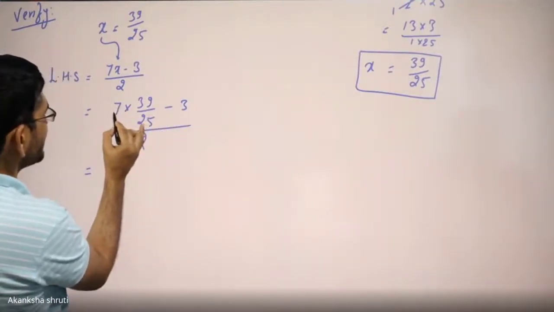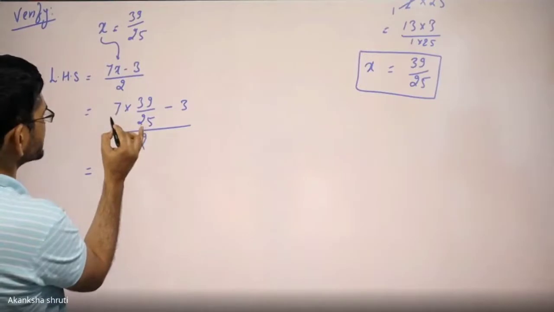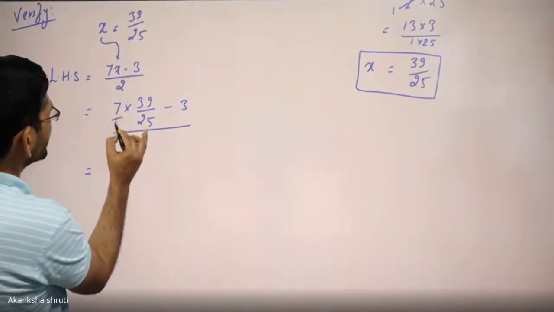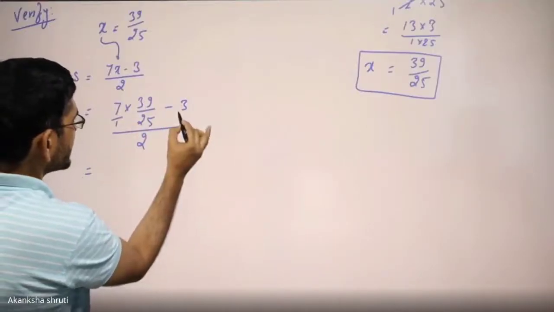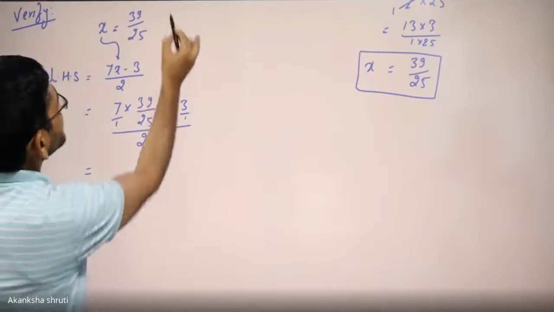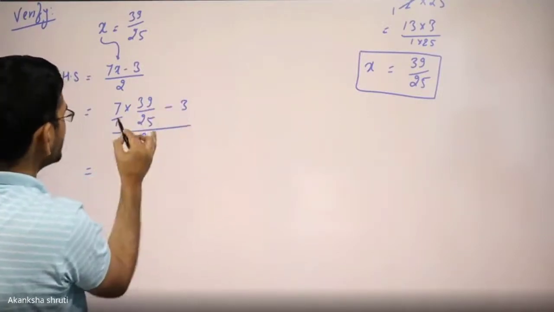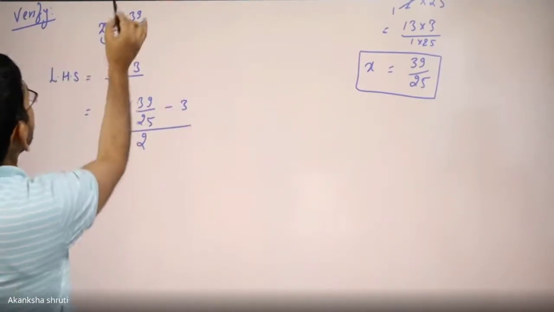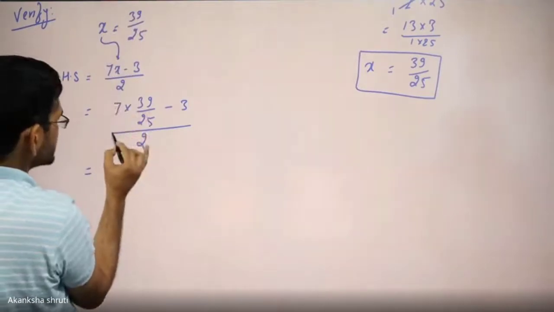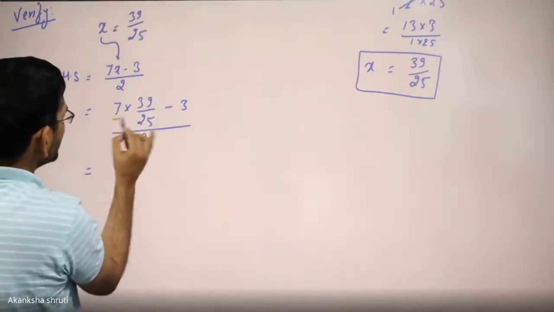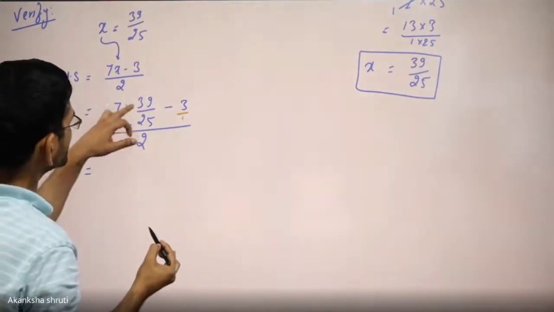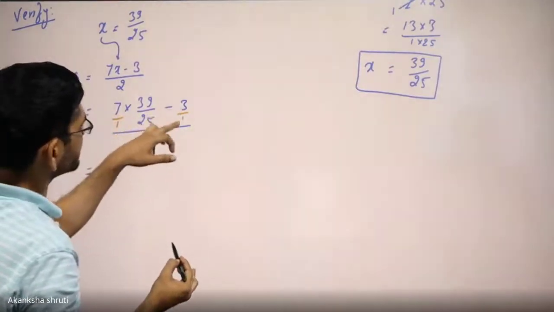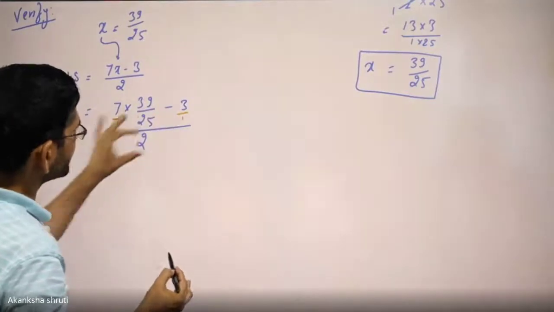So it is 7, nothing in denominator, means it is like 7 by 1. Now this multiplication we need to do first, then 3, which is 3 by 1. So keep in mind, student, even though it is in this form, by default you have to understand that within this single line, we have to simplify 7 by 1 into 39 by 25 minus 3 by 1 first. Then we will go for this.